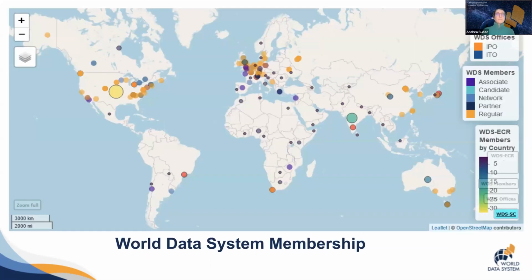Here you can get an overview of where our members are located. We had some new members this fall, so this is a recently updated map. We are trying to gain more geographic diversity in our membership, so we have some work to do. Our regular members are represented by the orange color on this map. We also have our offices, staff, and scientific committee on here.